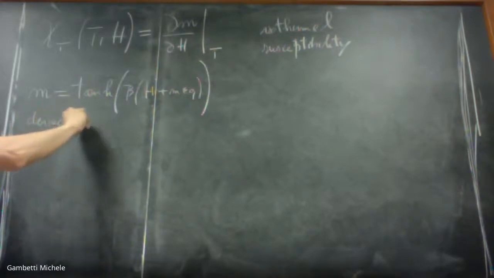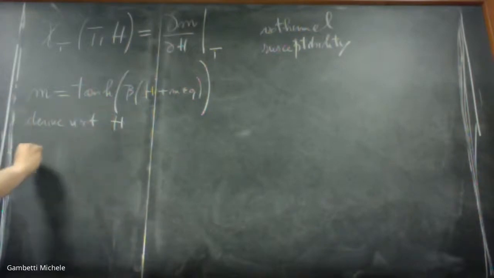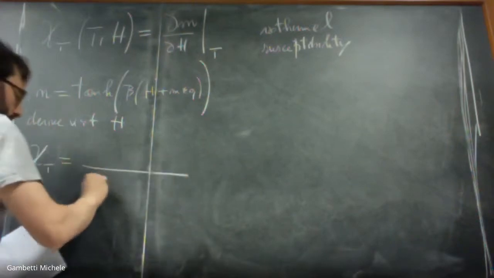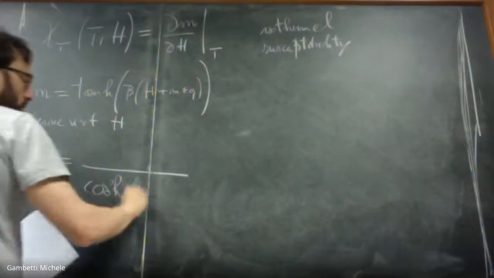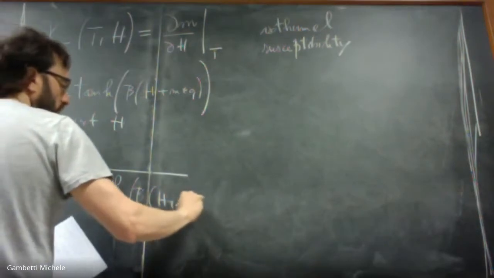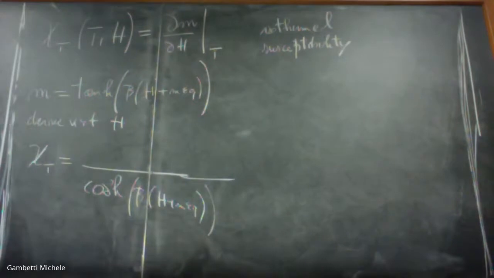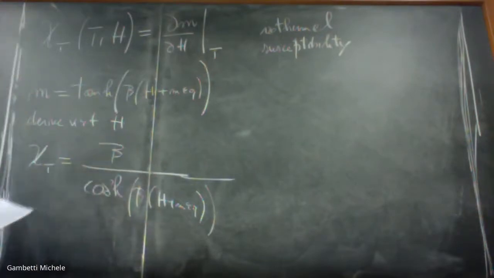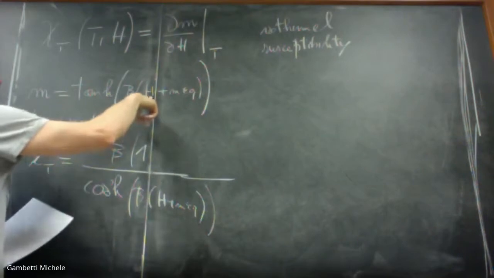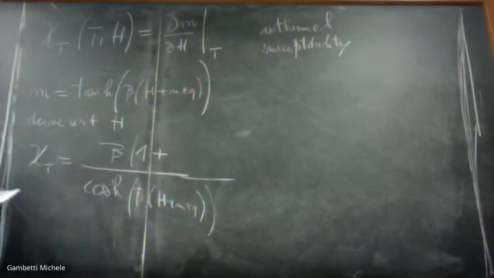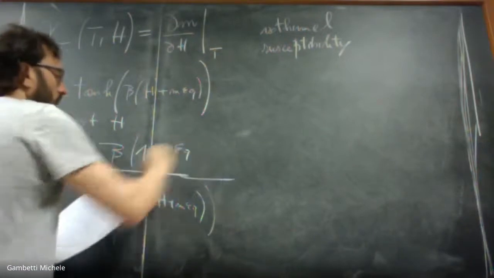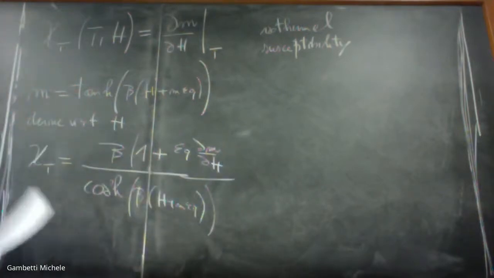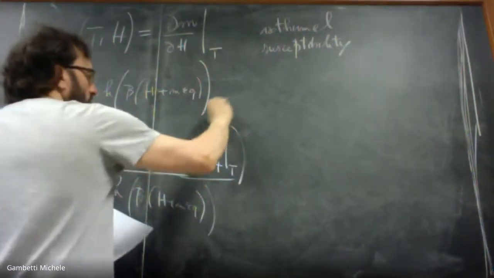So deriving with respect to h, on the left we will have just chi of T, and on the right instead I will have one over the hyperbolic cosine of beta (h plus m epsilon q), and then at the numerator a beta which multiplies 1, the derivative of this quantity with respect to itself, plus epsilon q times the derivative of m with respect to h at fixed temperature, which is just chi of T again.